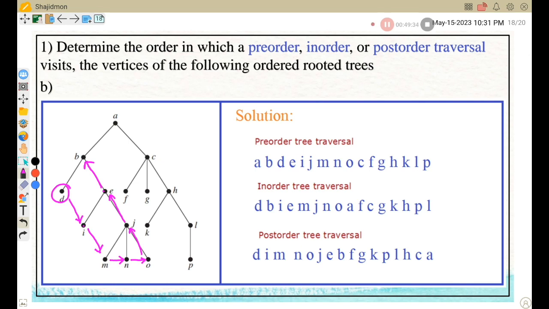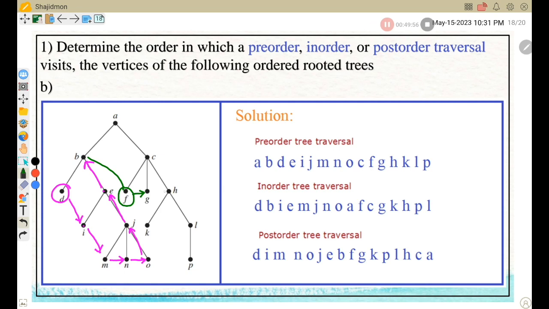Now after the B vertex, we go to the right subtree part. Let me start the right subtree. After B we go to the right subtree's left part, that is F. After F we go left, right and root, correct?